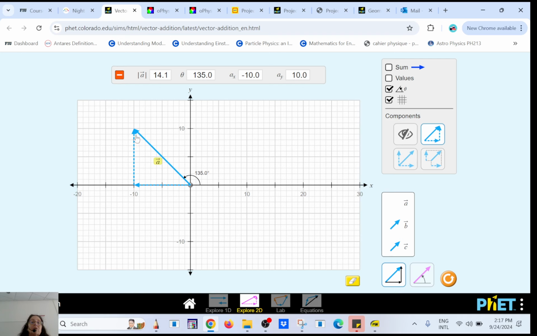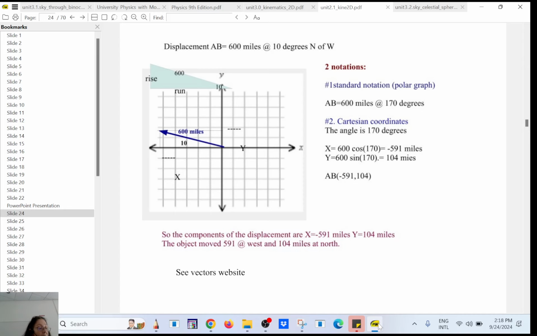I rise, that's going to be the y component. And it makes a rectangle, right? X component, negative 15, y component is 5. Any question? Okay. Oh, look at that. Beautiful. And you have a right angle triangle, right? This is a right angle. Okay, so let's see what next.